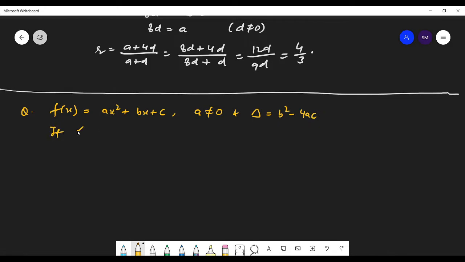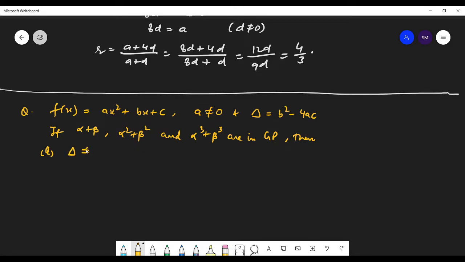If alpha plus beta, alpha square plus beta square, and alpha cube plus beta cube are in GP, okay? Then, so four conditions are given, students. You have to tell which one is the correct option.